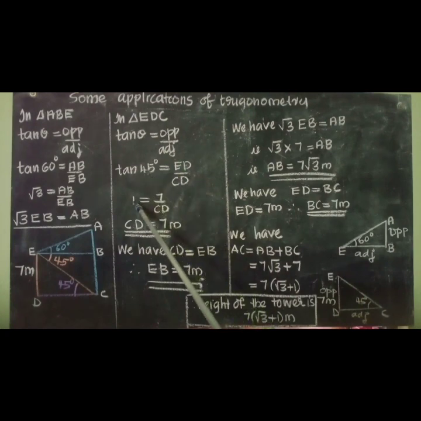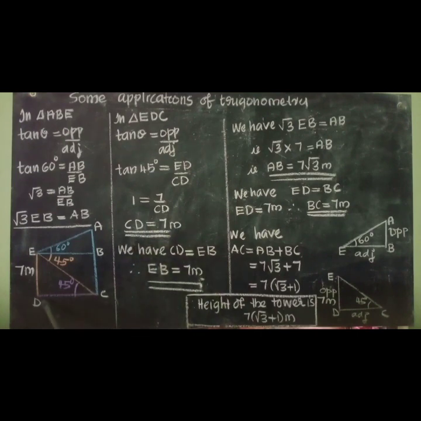We know tan 45 is 1. The measurement of ED is 7. So, we get 1 equal to 7 by CD. Cross multiplying, we get CD equal to 7 meter. So, we got the value of CD, that is 7 meter.